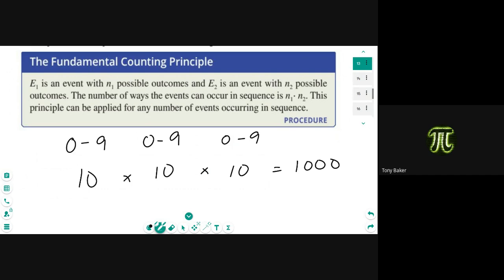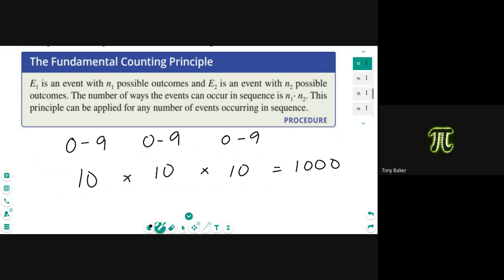It's 1,000. You've got to calculate. 10 times 10 times 10. The nice thing about multiplying tens is you just count the zeros. So if I had 4 tens, it'd be 10,000.